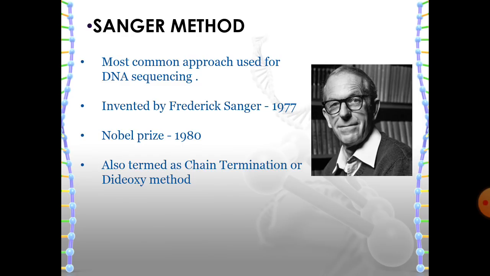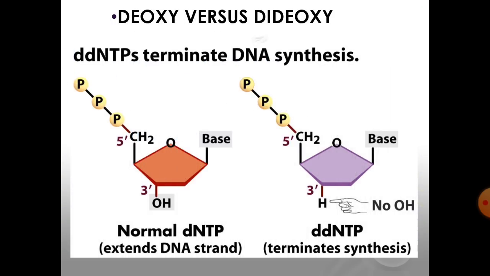Now why it is called chain termination is because of the use of a special type of ddNTP. This special type of ddNTP is different from the normal dNTP. It has a hydrogen instead of the hydroxyl group present in the dNTP.